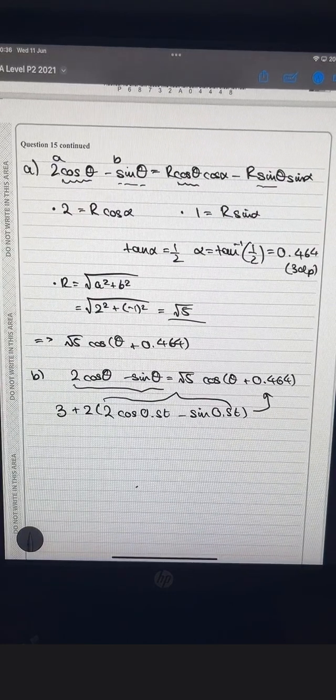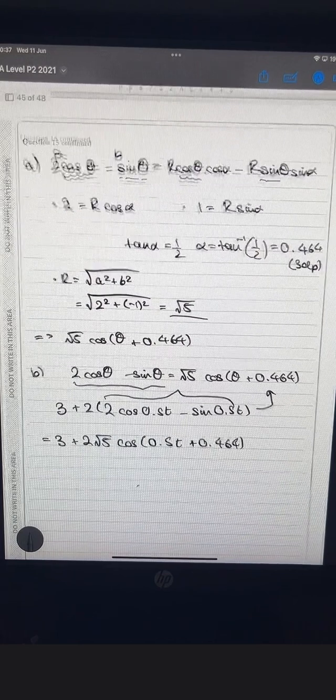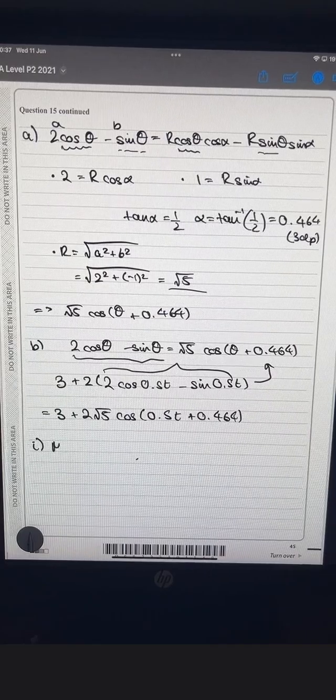So that's equal to 3 plus 2 root 5, because that's 2 times root 5, cos of 0.5t, because now theta is 0.5t. Notice that difference. Plus 0.464. Okay? Now, that is my equation in terms of harmonic form. The maximum height, max height, I'm hoping everyone here knows what to do when they see the words max height.